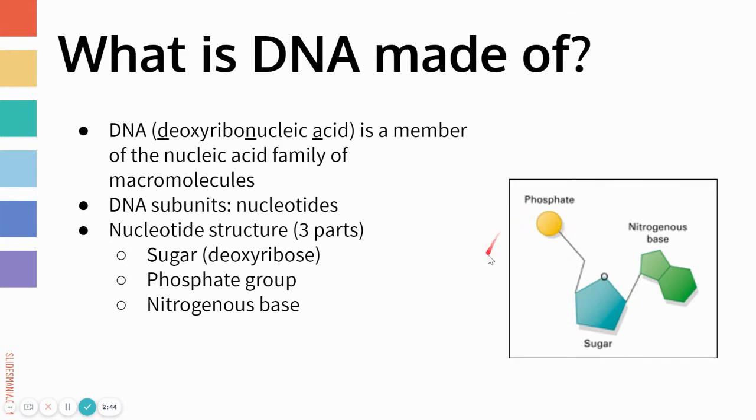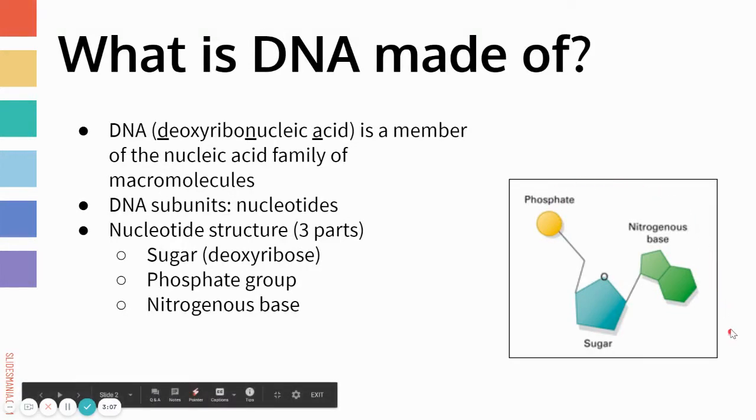One side has a phosphate molecule, and we've run into phosphates a few times before. We saw phosphates in the phospholipid head, and we also saw phosphate in ATP, adenosine triphosphate. So we've run into phosphate a couple times before, and it's coming up here again on one side of a nucleotide. And then on the other side, we have this component called a nitrogenous base.